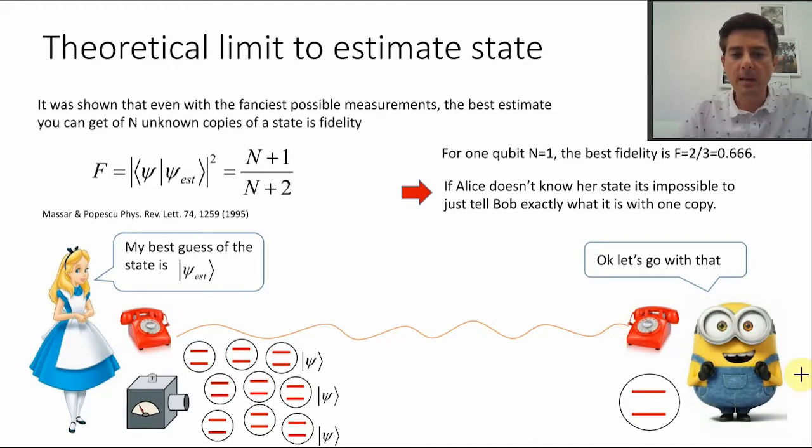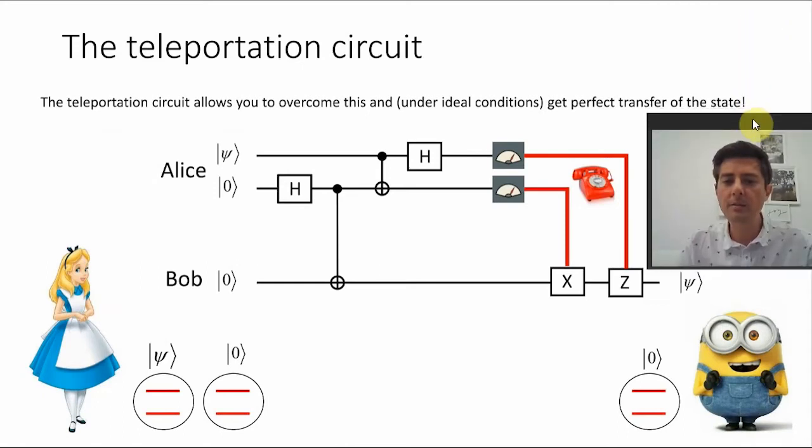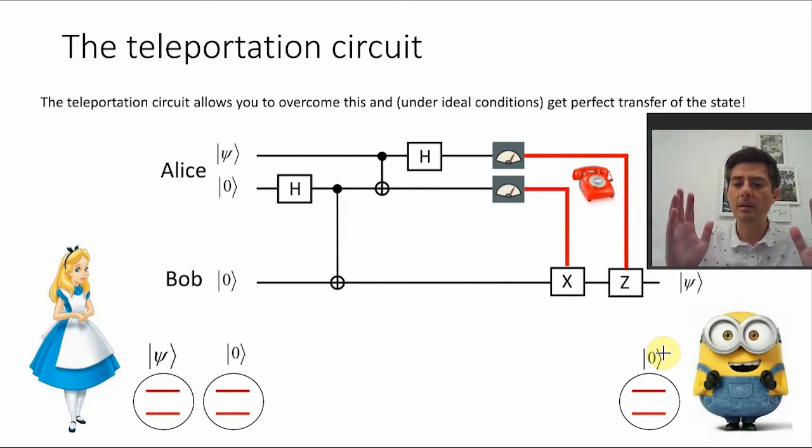So what I want to show you now is finally the actual teleportation circuit. This teleportation circuit allows you to actually transfer this unknown quantum state that Alice has and send it over to Bob, theoretically under ideal conditions, no noise or whatever, with 100% fidelity, 100% accuracy.